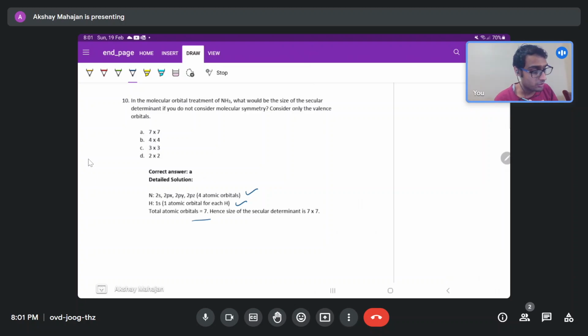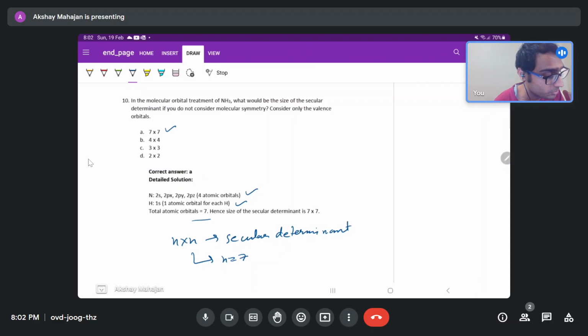Because of this you have to take a linear combination of the 7 orbitals, and thus you will have an n by n secular determinant, and here n equals 7, so 7 by 7 will be your answer.